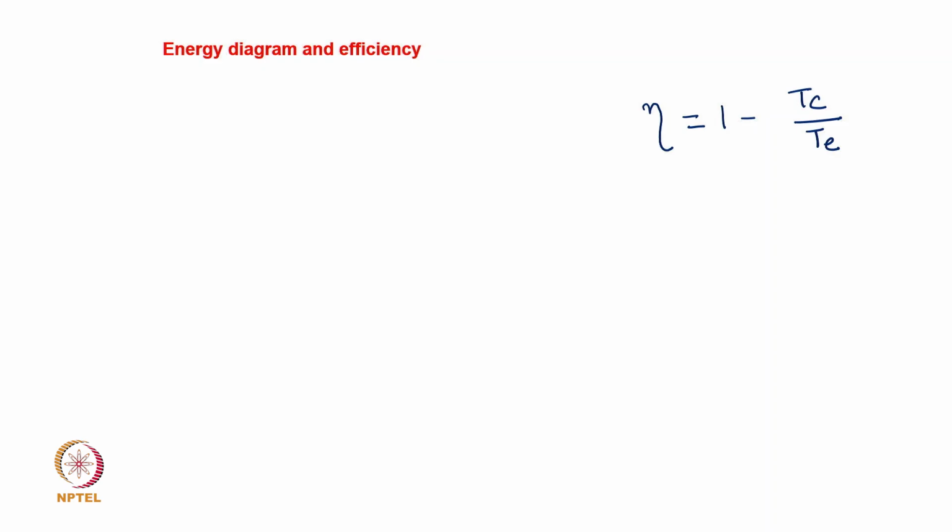But we also have to look at it from the electrical energy point of view. If we look at it from that point of view, one can derive the efficiency in a slightly different way. So, let me show here.